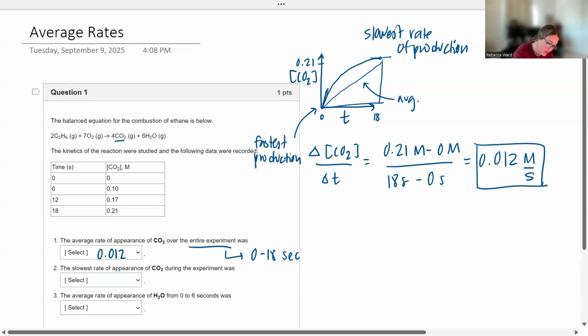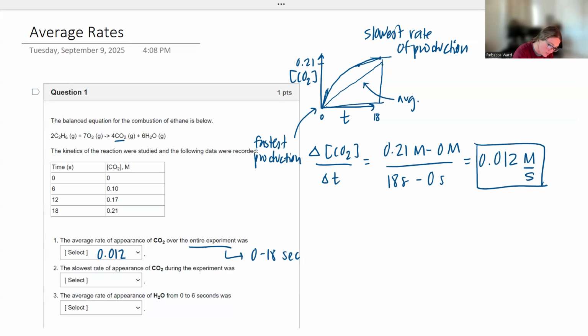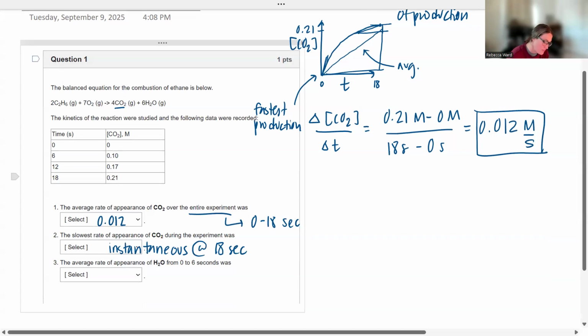If this was 12 to 18, that would be our average there. It still includes time points that have a faster rate. So this is the instantaneous rate at 18 seconds.